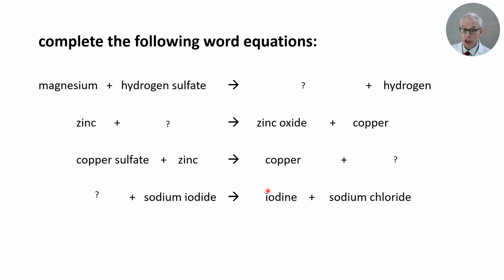So to finish, here are 4 incomplete word equations. Can you identify the missing substance name? Pause, take your time, think it through, come back to check your answers when you're ready.